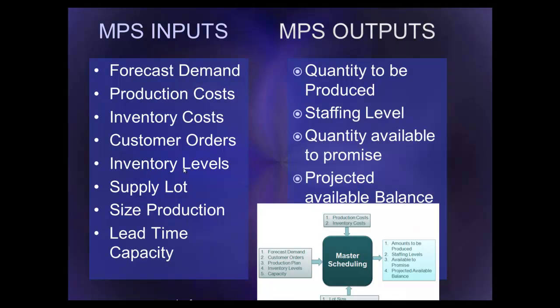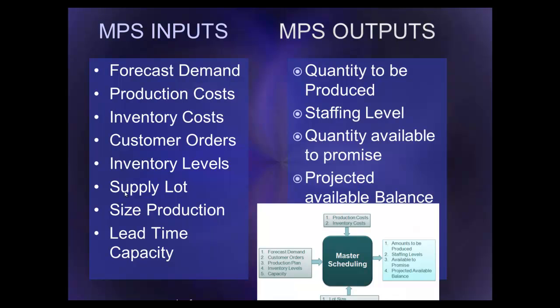The current level of garments we've got in our supply chain, or fabric, or trims, the supply lot size, which is whether we want garments in batches of 10 or 20 or 30 or 100, so we tell it what we prefer there. The size of production, as in the scale, how much production we want to have. And lead time capacity is how long between when we place an order and we expect it to be fulfilled.